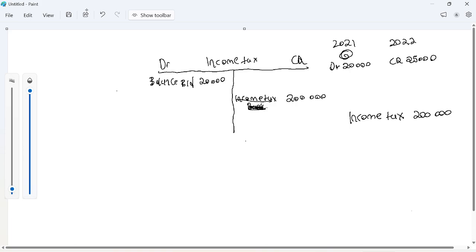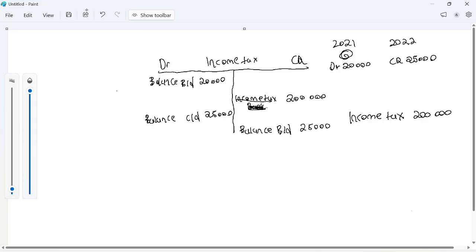And then what are we doing? You're saying that we have a credit balance at the end of the year, right? So we have a credit balance at the end of the year, meaning the credit balance is this side. So we're going to say balance brought down of 25,000. And when you take it back, it's going to be balance carried down of 25,000, right?